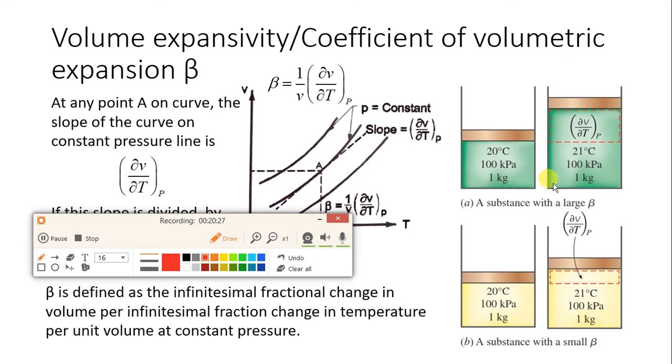Now in the second diagram you can see that the piston has moved from this point to this point. Now this is an expansion process. You can see the gas has expanded. Now how we define this volume expansivity when pressure is maintained constant. So here you can see 100 kilopascal pressure is there, and here also 100 kilopascal pressure is there.